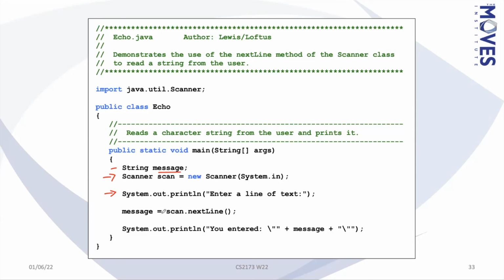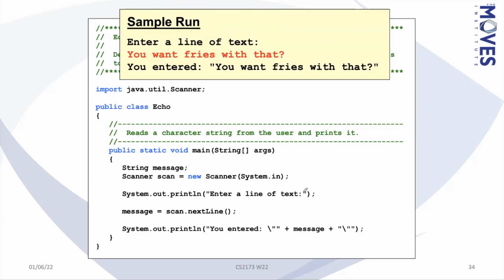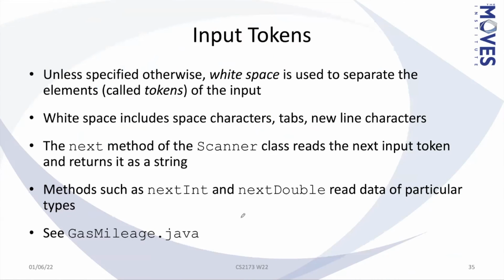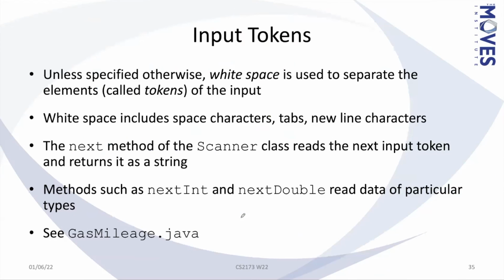And then when we say the message is going to be the scanner's nextLine, that will read the line that we entered. And there's our little example. Notice that we were using the escape character to put the quote in.